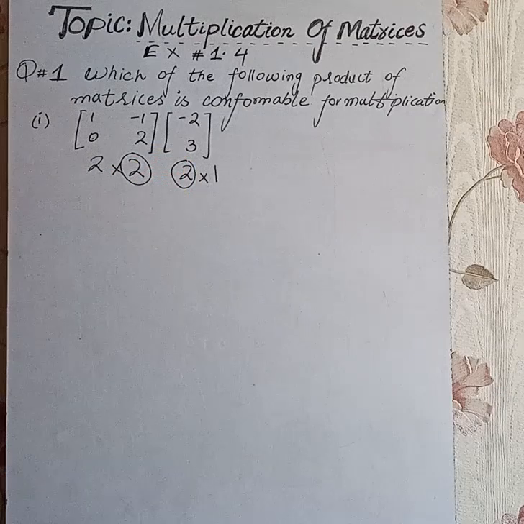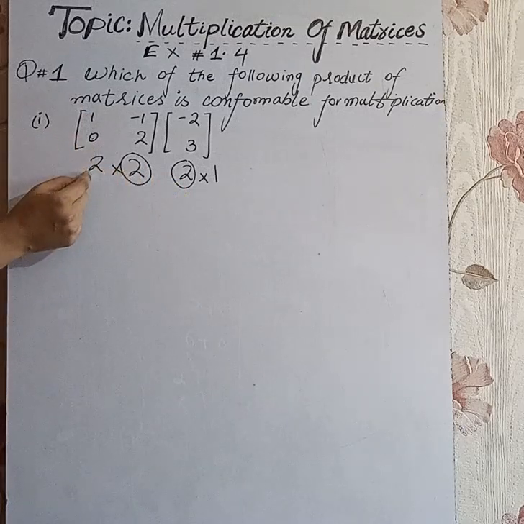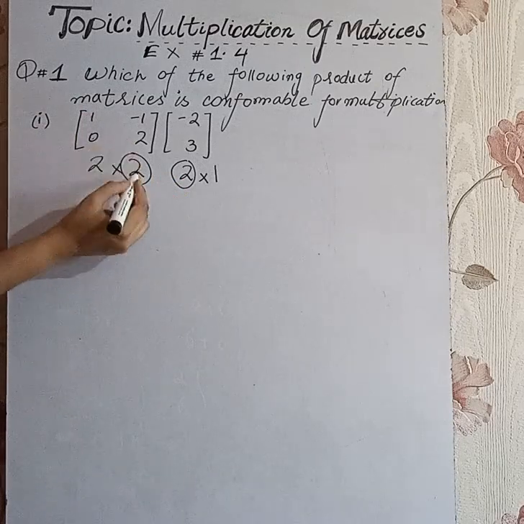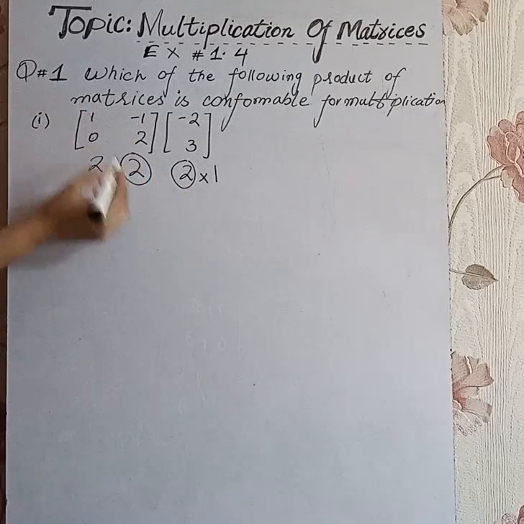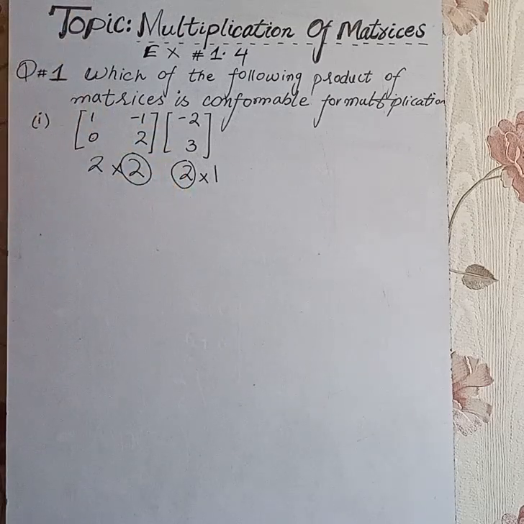In the order, we first write the number of rows, then the number of columns. Here the number of columns of the first matrix should be equal to the number of rows of the second matrix. If they are equal, then we can say that these matrices are conformable for multiplication.